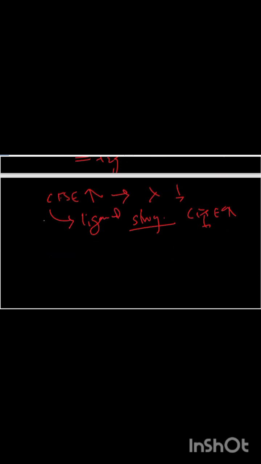Now on what does the CFSE depend? It depends on the ligand. If the ligand is strong field, what happens? The CFSE is greater. What happens if CFSE is greater? The ligand gives a low spin complex. We know this, since the ligand is stronger, it forms a low spin complex.